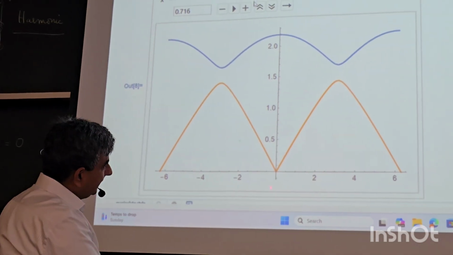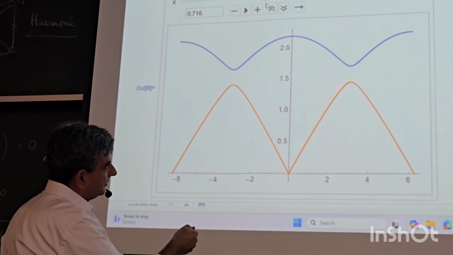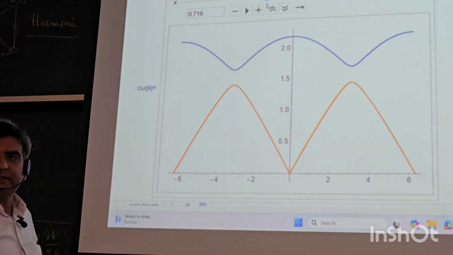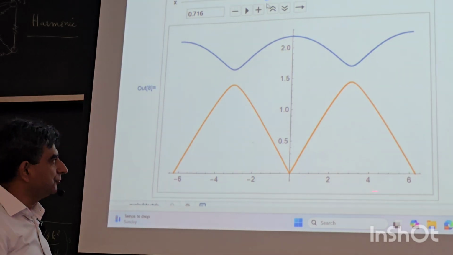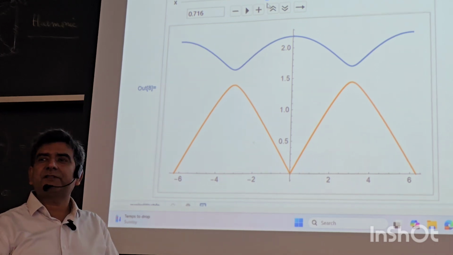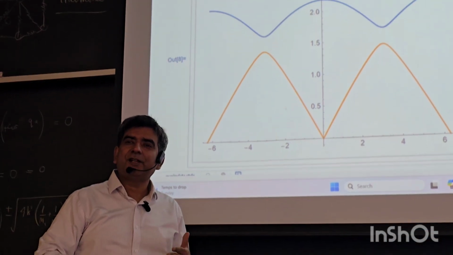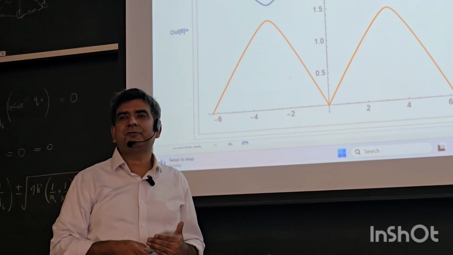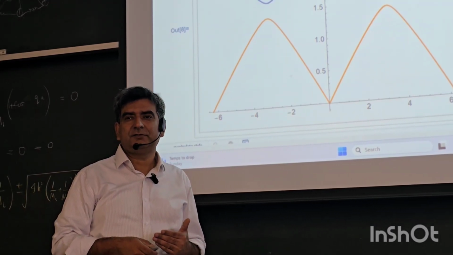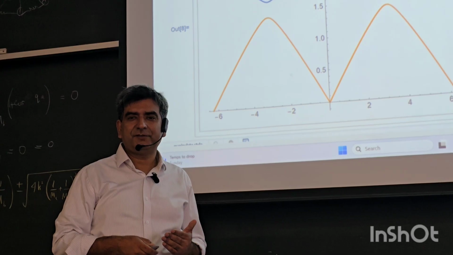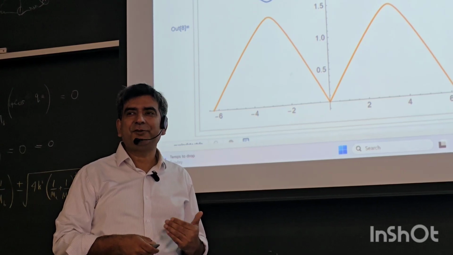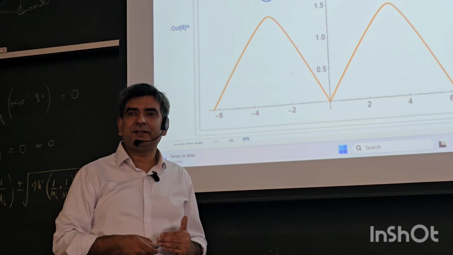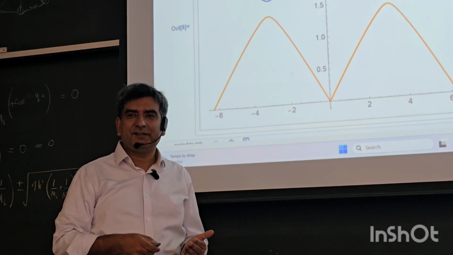Now this lower branch is called the acoustic branch. And these are historical names. It's called the acoustic branch because sound has omega which is directly proportional to k, like any wave. You know, f equals v times lambda. You take the inverse, you get omega equals vk.